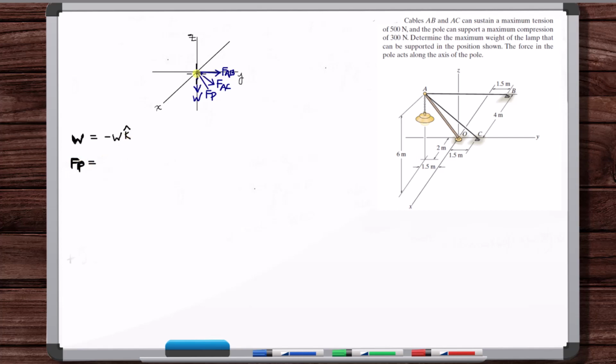So this one is pushing on the point. We start at point O and go to point A for our direction. So we'll have the magnitude of FP.